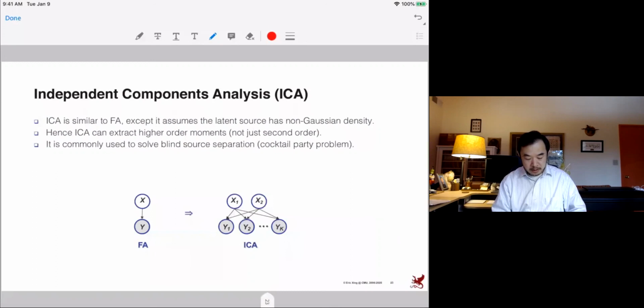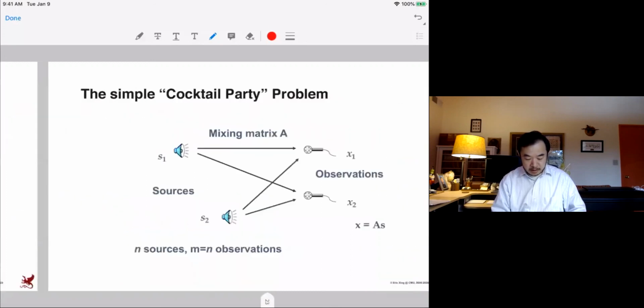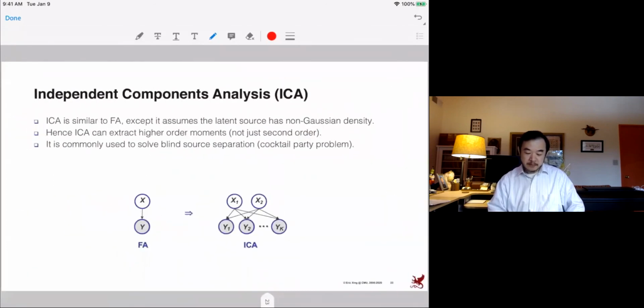All right, so ICA. By definition, it is looking for components that are independent, right? So in FA, we get a lambda, which gives you a few vectors.